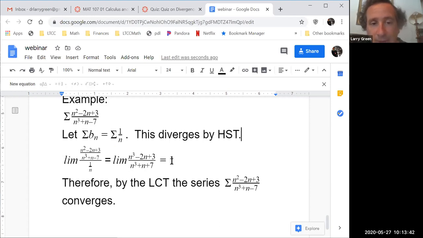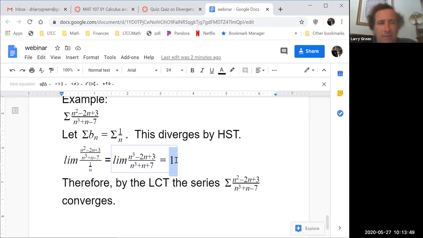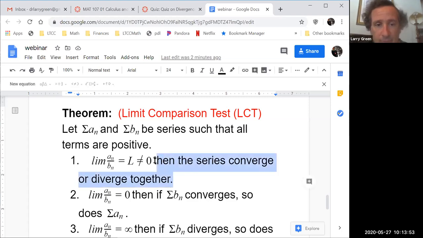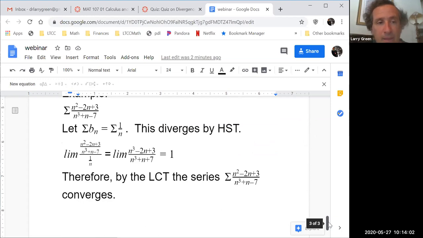Then you take the limit, and pretty much all the time, you're going to be using number 1. If you're not using number 1, you probably guessed wrong on what the series looks like. Because if you just look at the dominant terms, you're always going to get a nice limit. I'll let you know that. So in this case, we got the dominant term, and we end up with a limit of 1.